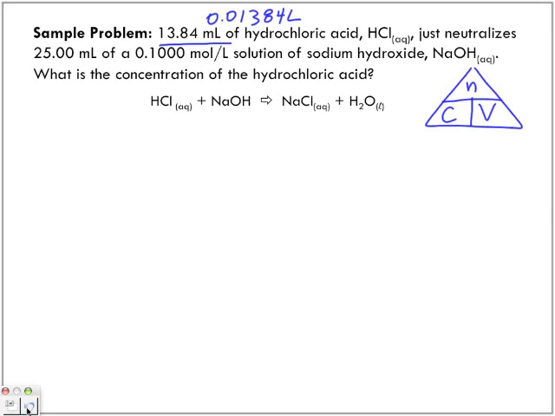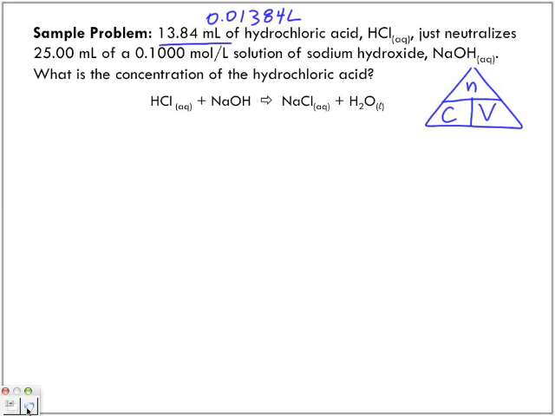When converting, try to keep the same number of significant digits as you start off with. You see 4 significant digits, keep it to 4 significant digits. We've got 25.00 milliliters of 0.1000 moles per liter solution of sodium hydroxide. That's what we're actually going to use.